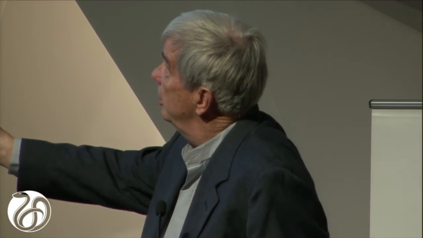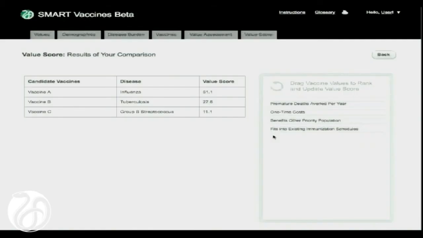These value scores can depend directly both on the characteristics of the vaccine that have been estimated, but also, and uniquely in our approach, on how one ranks these attributes. So if premature deaths averted per year is highest, one-time cost is second, benefits for other priority populations is third, and fits into an existing immunization schedule is fourth, and you shift those around, these ranking scores will change. Okay?